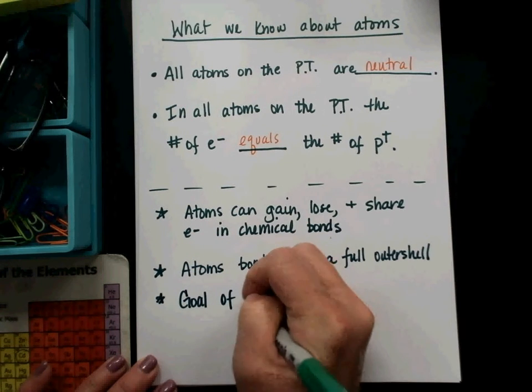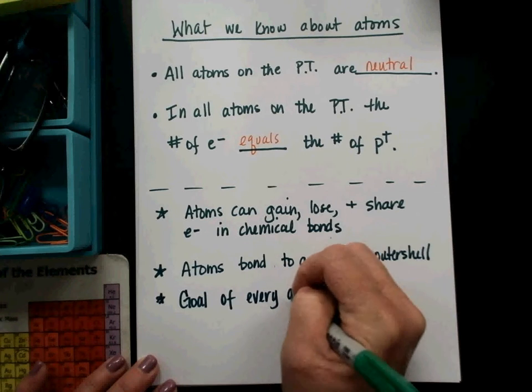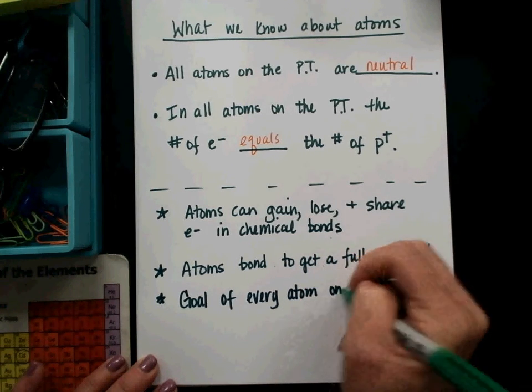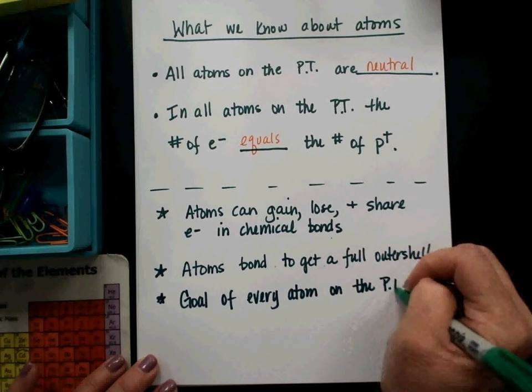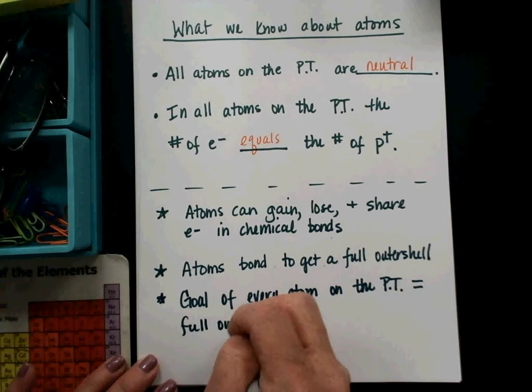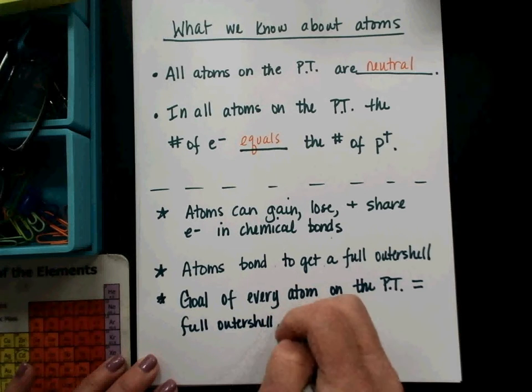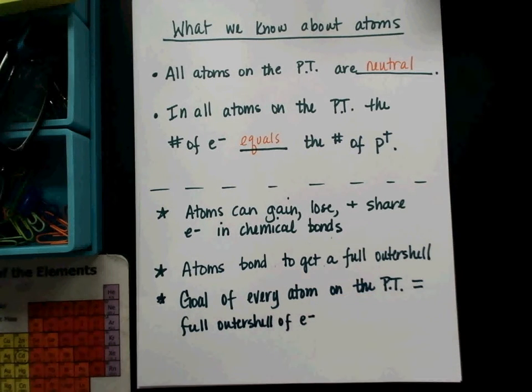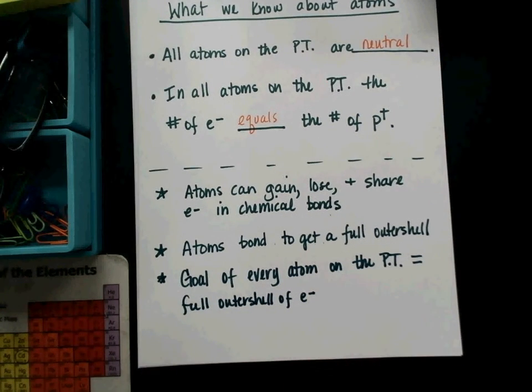The goal of every atom on the periodic table is a full outer shell of electrons. So we can gain, we can lose, we can share. The reason we do that is to chemically bond so that we can get a full outer shell of electrons.